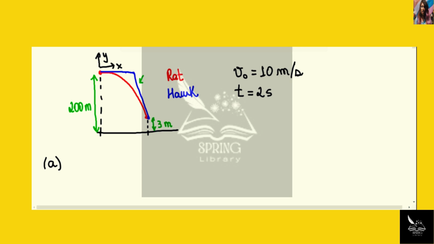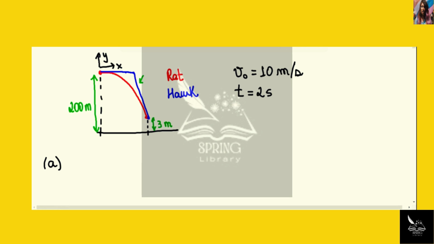In question A, we want to find the hawk's speed when it's diving towards the rat. First of all, we need to calculate the total distance traveled by the hawk, and in order to do that, we need to calculate how far horizontally the rat travels.